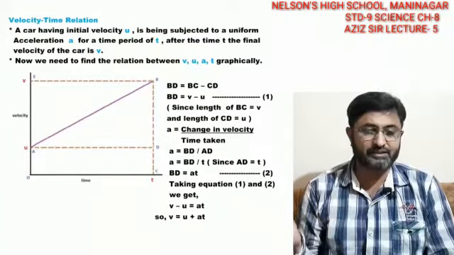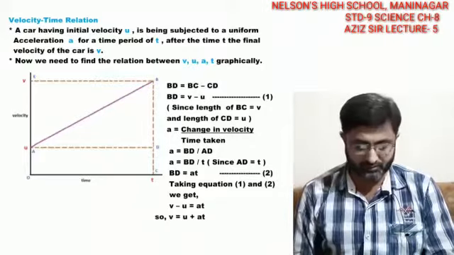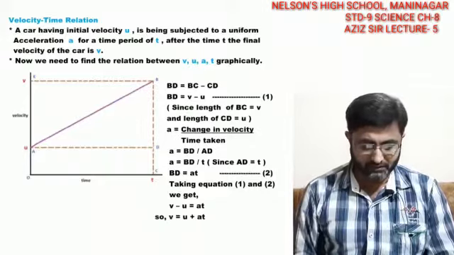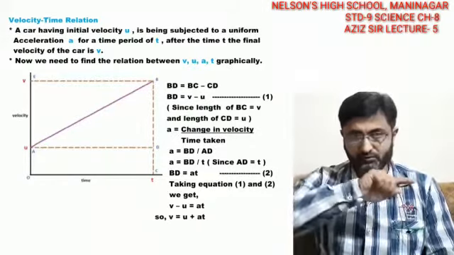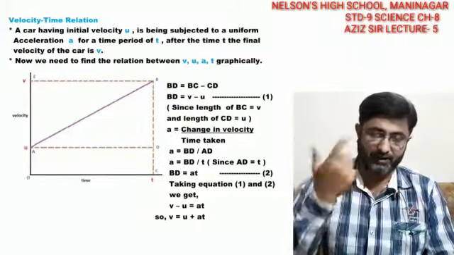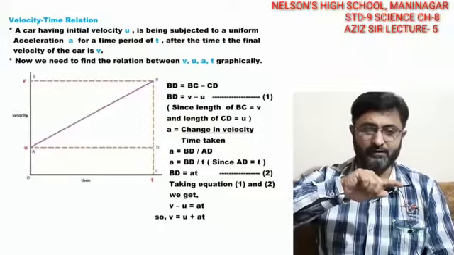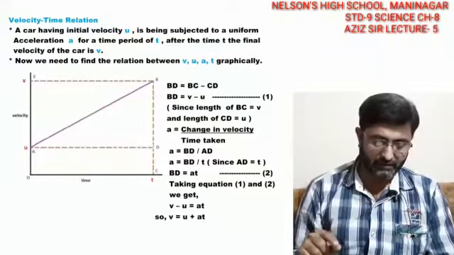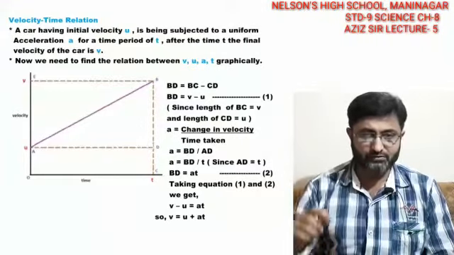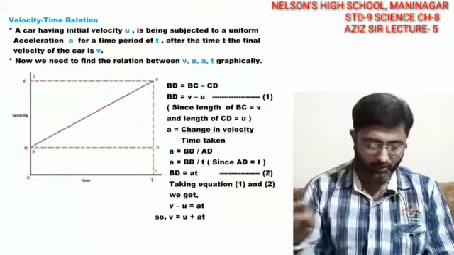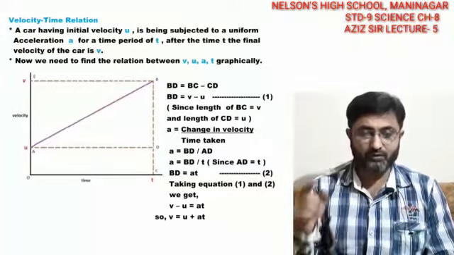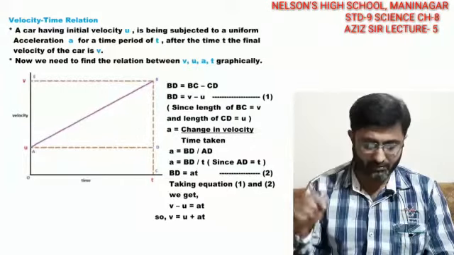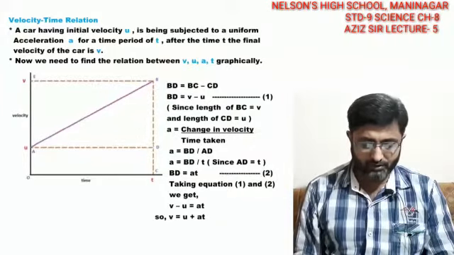Acceleration is nothing but change in velocity with respect to time. We have done this in the previous lecture on acceleration. On the velocity time graph, a straight line shows uniform acceleration, and with a mathematical slope, acceleration will be BD upon AD, that is BD upon time t.